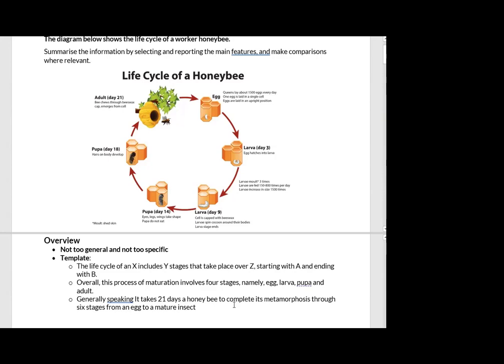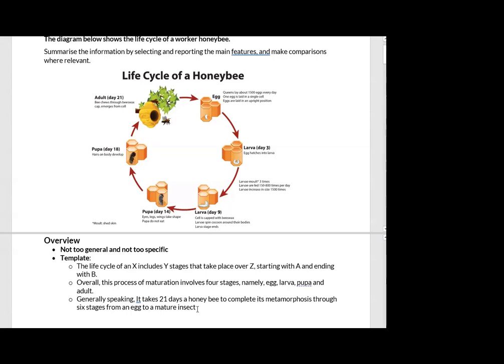You're missing punctuation and you're missing one preposition. Punctuation and a preposition. Generally speaking, comma. Bingo. It takes 21 days for a honeybee to complete.